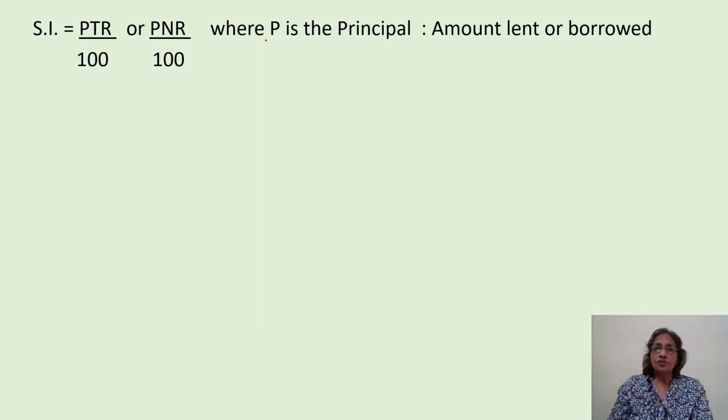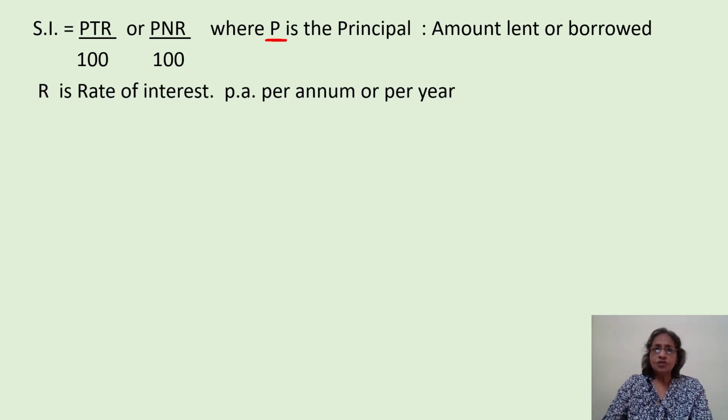Okay, so your first term, principal is the amount that you have given, that is you have lent or that you have borrowed. Now you come to the other terms. What is R? R is nothing but the rate of interest.